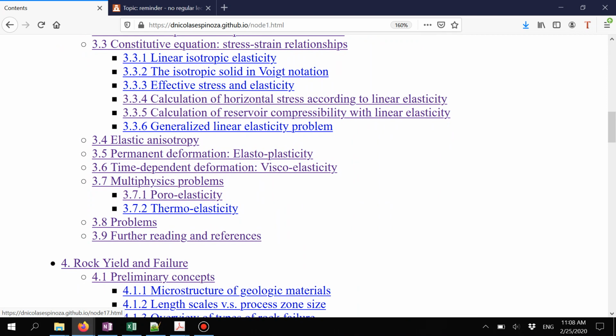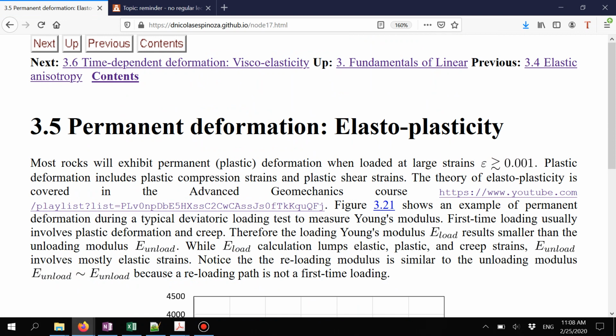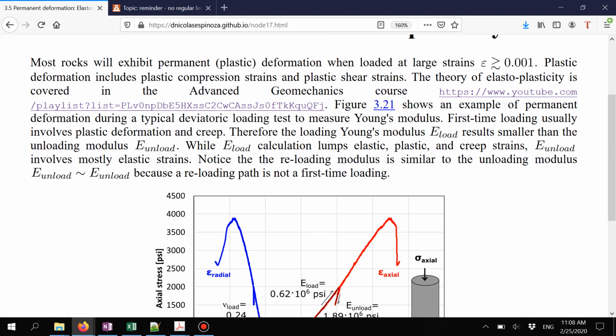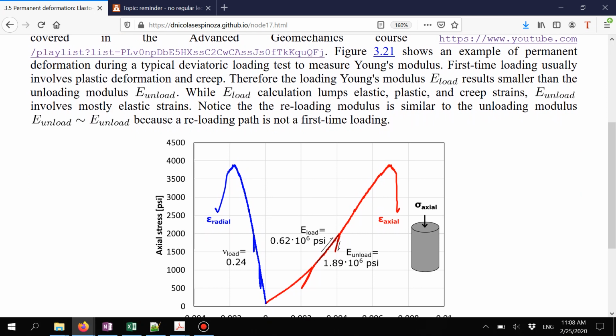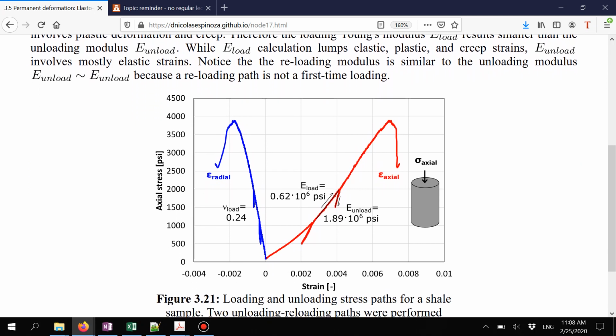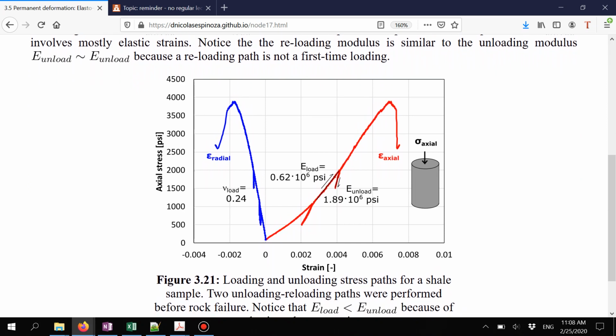All right, so let's go to 3.5. And this is about elastoplasticity. Elastoplasticity refers to irrecoverable or plastic strains. And let me show this example that you have already seen.